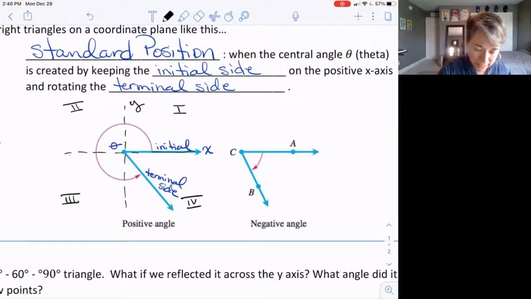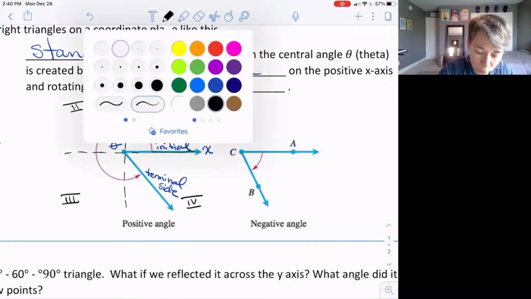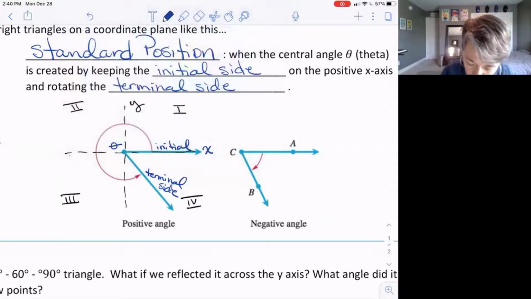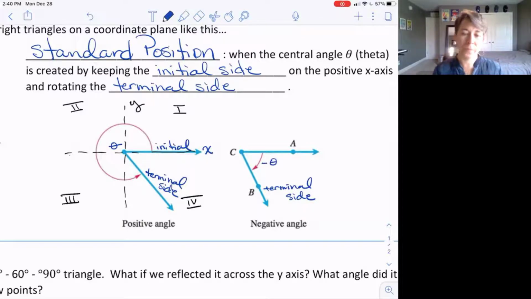If by chance we decide to rotate that terminal side clockwise, then we will end up with a negative angle. So we can go, say, positive 30 degrees if we go up to quadrant 1 first, or we can get a negative 30 degrees if we go down towards quadrant 4 first.